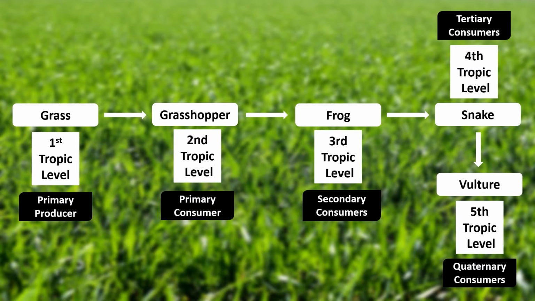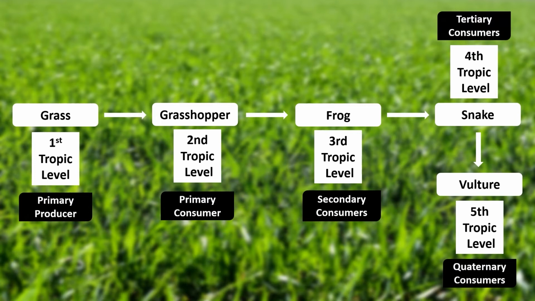So the grasses are the primary producers and occupy the first trophic level, while the grasshoppers are at the second trophic level because they eat the grasses, and so they are the primary consumers.